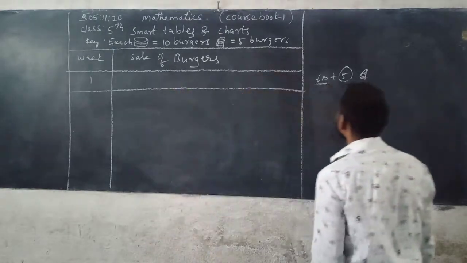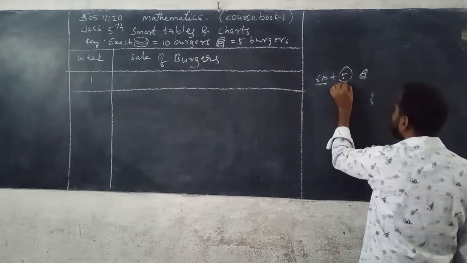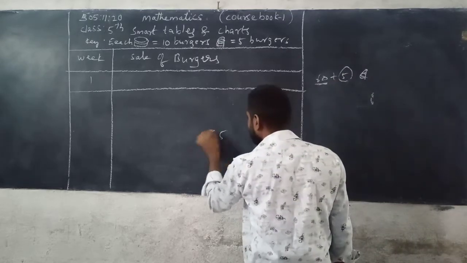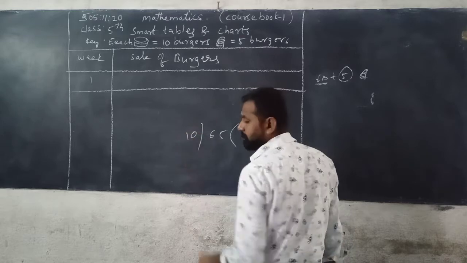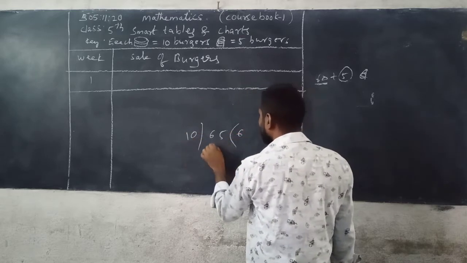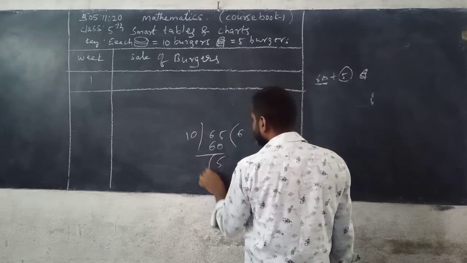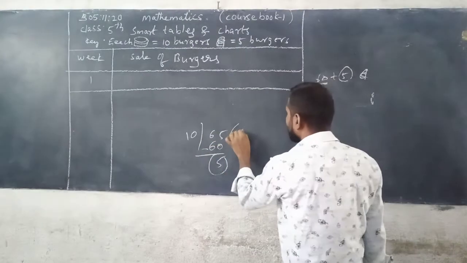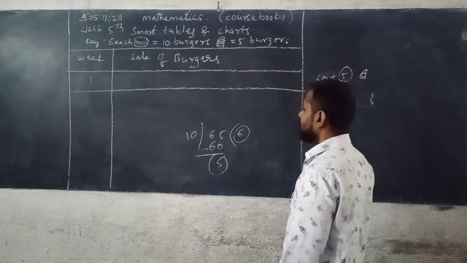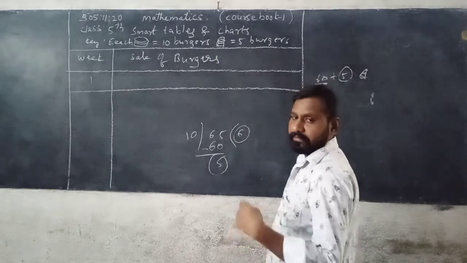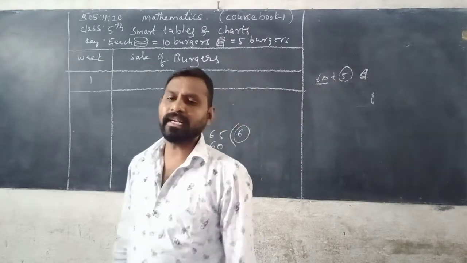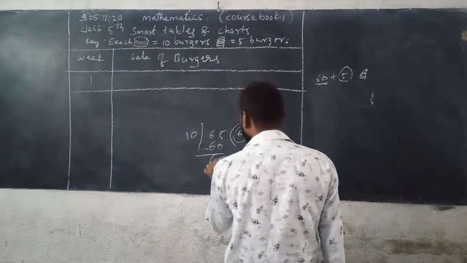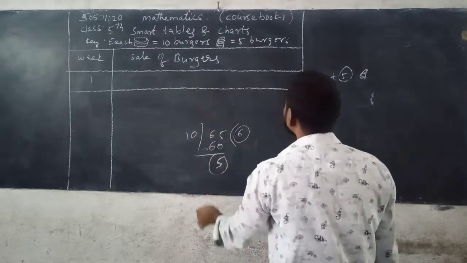If we take 65 divided by 10, 10 sixes are 60, and 5 minus 0 you get 5. So represent 6 burgers here, and 5 means half a burger.